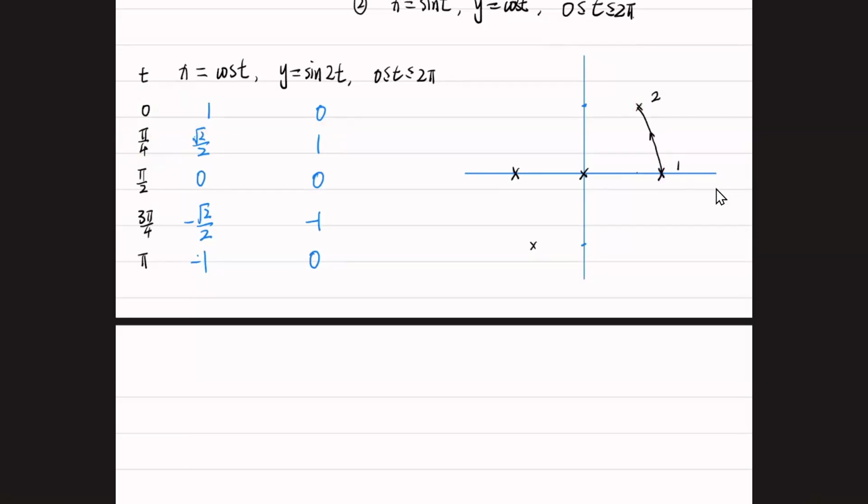Okay, Elisa, what's next? From power 4 to power 2. It goes to 0, so we fall back to the origin.